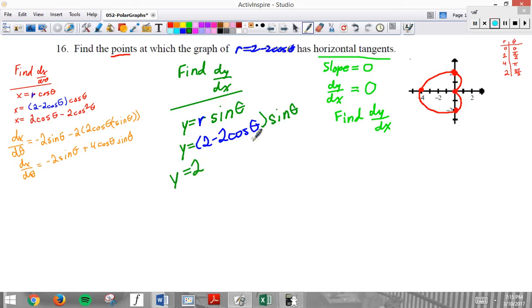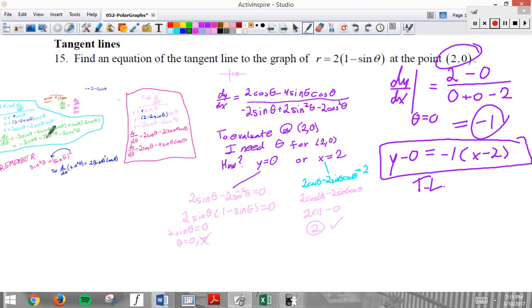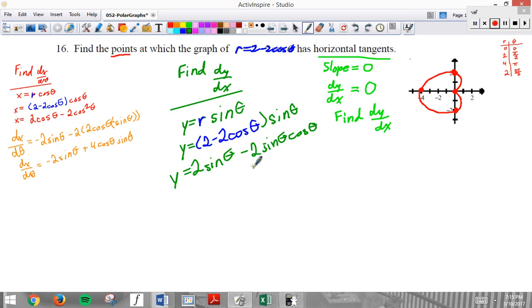Y equals 2 sine theta minus 2 sine theta cosine theta. Now, guys, we just did a derivative like this in the last problem, so make sure you use the product rule. It'll be very important here.